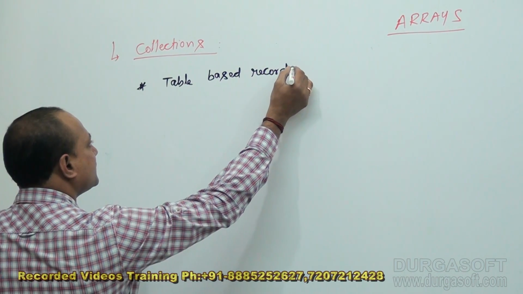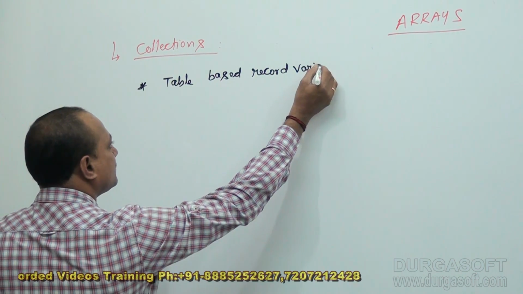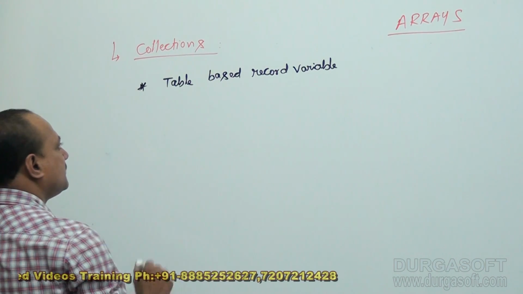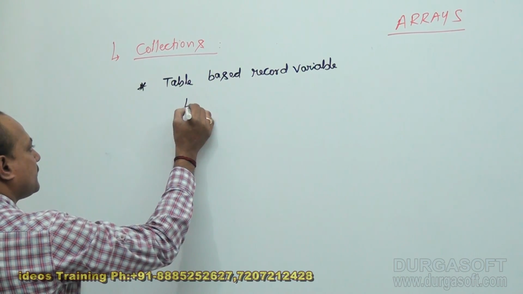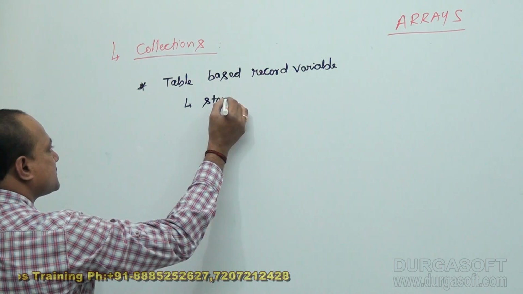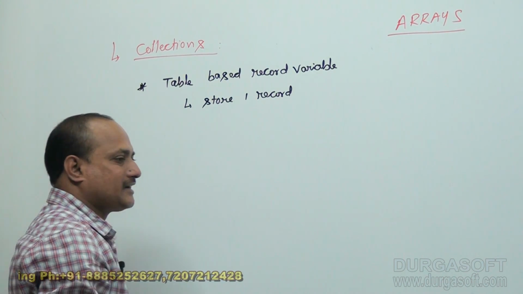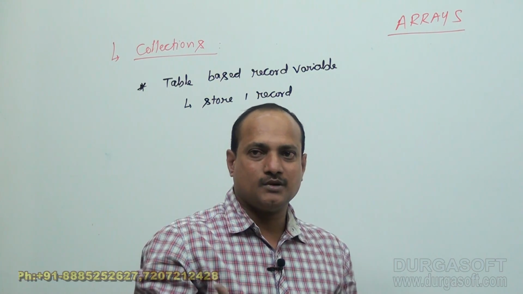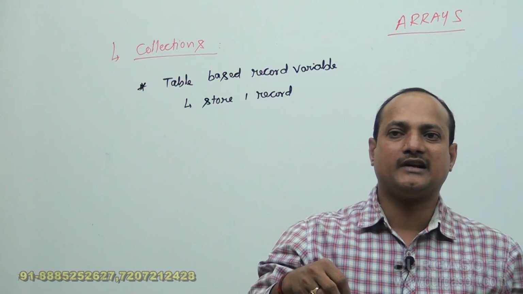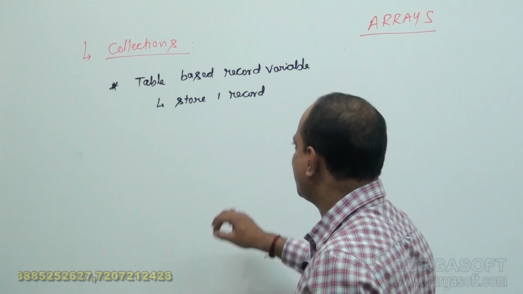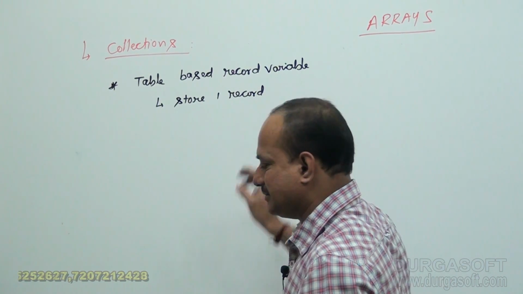Under this record variable, we can store one record at a time. A record is a collection of values, so the collection of values is stored under one variable. This is called a collection type variable.